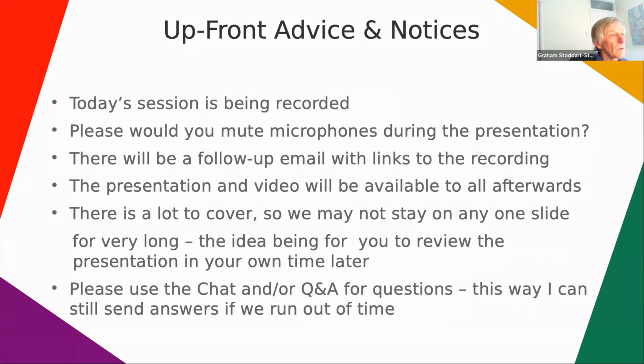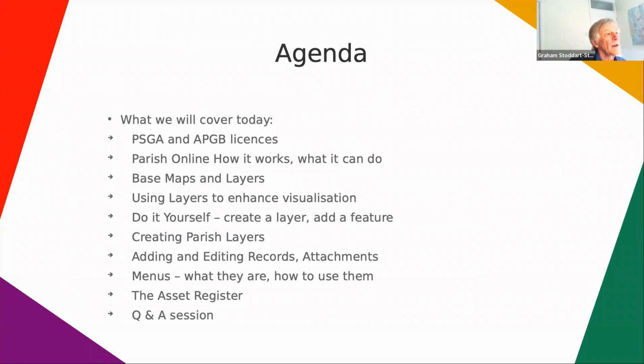And this is what we're going to cover today. So you do need to get some proper licenses for Parish Online to work at the best level of detail. So I'll show you about those and how you go and get them. They're all free, by the way, so no problem there. Then we're going to show you how Parish Online works and what it can do.